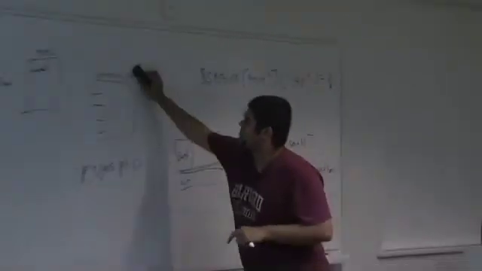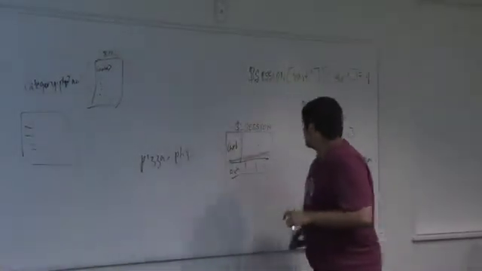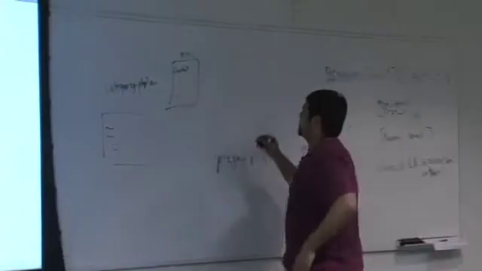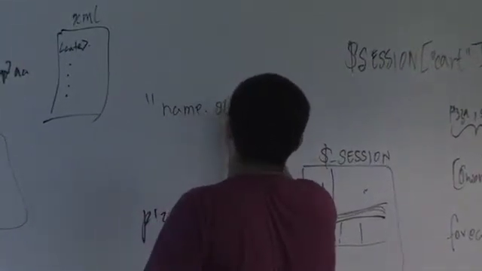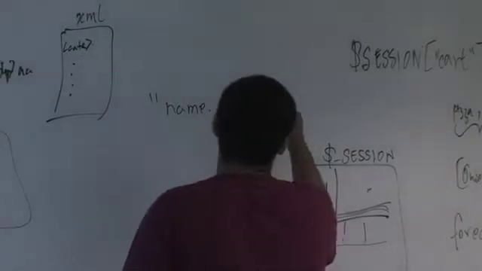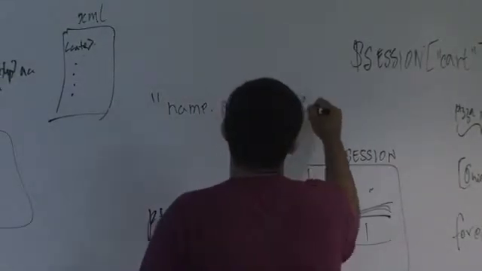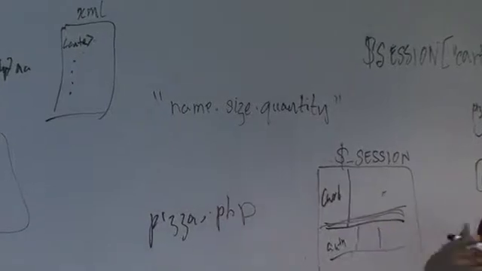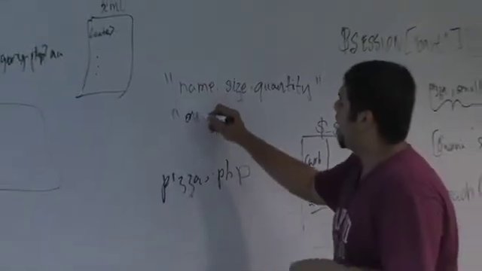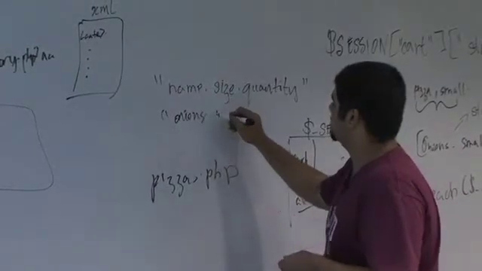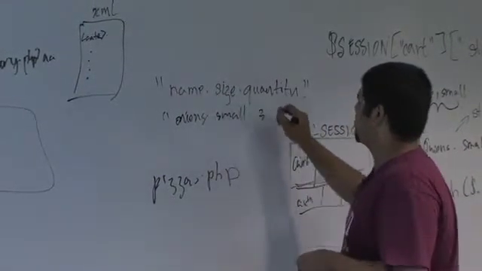So another option you can serialize it is when people submit it. When people add to their cart, you can serialize it in the form of name, size, quantity. Right? This is another perfectly valid way to do it. So if I add 3 onion pizzas, you can say onions, small, 3, right?